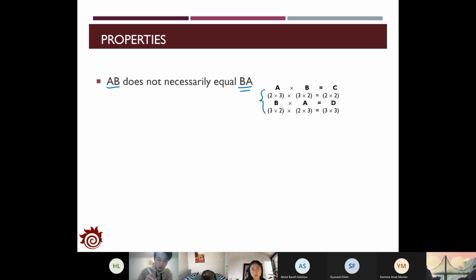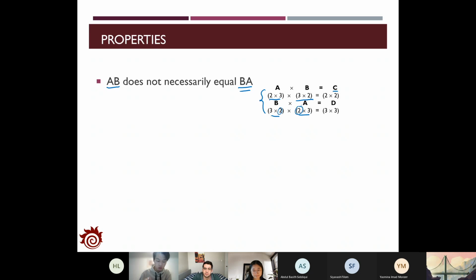Here are two specific examples. Assuming that the dimension of A is 2 by 3 and the dimension of B is 3 by 2, with the rules of multiplication, you get the matrix C as 2 by 2. But if you reverse the order and do the product of B and A, we know that the dimension of B is 3 by 2 and A is 2 by 3.